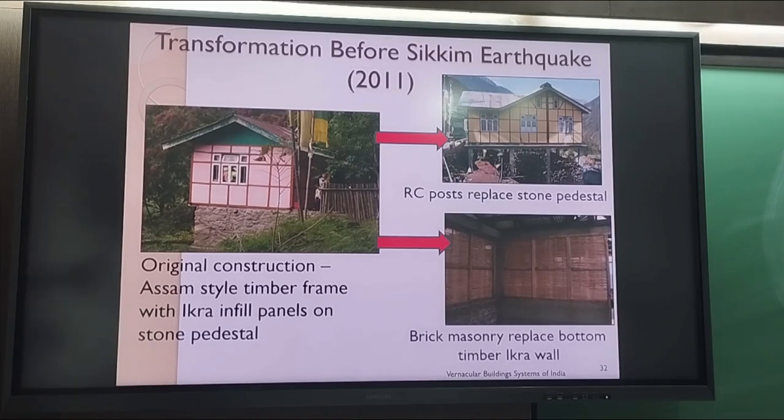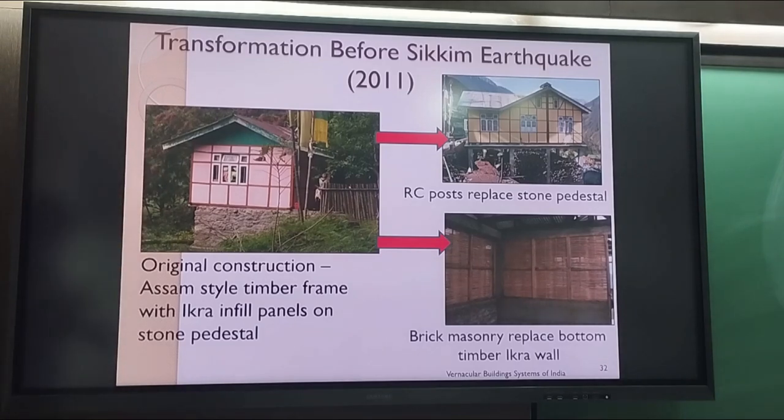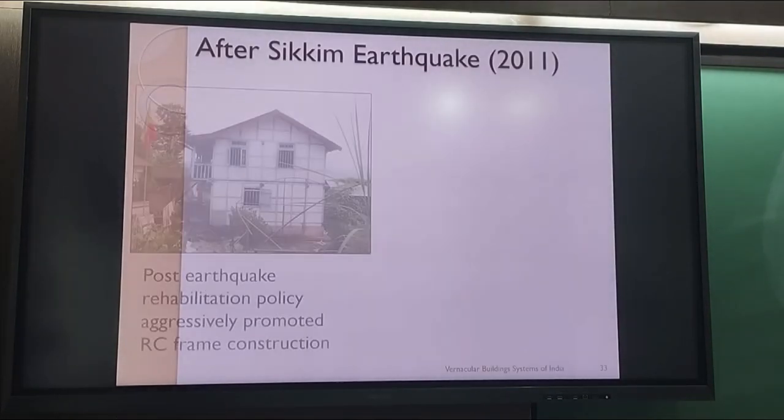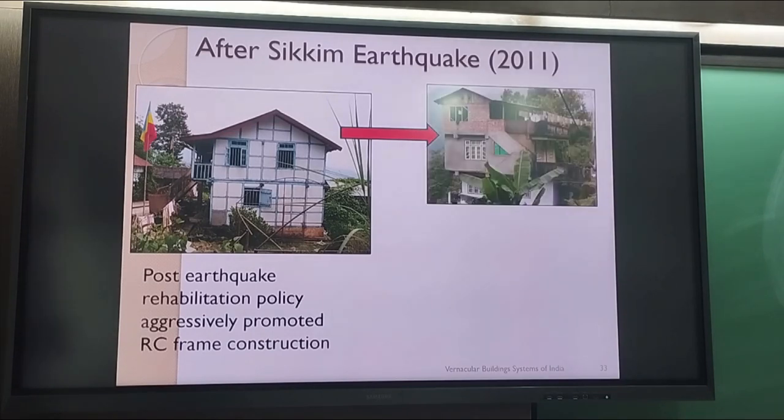And people started using brick masonry in the bottom part, maybe because it lasted longer or whatever. I don't know the reason, but that could be the logic. But this was a gradual change. But after the earthquake, the traditional house, all of a sudden, because the government was aggressively pushing for RCC houses, this is what started to come in.